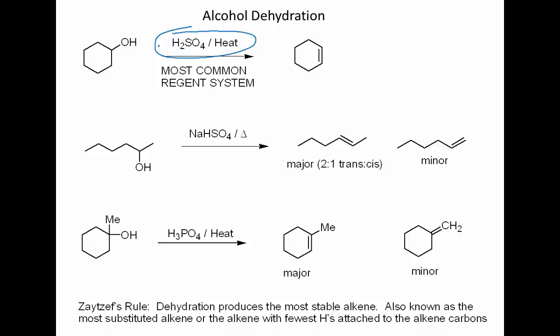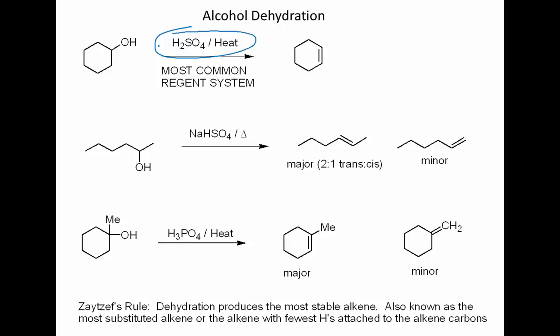Okay, so cyclohexanol reacts with sulfuric acid and heat to make cyclohexene. In this next equation here, we're using not sulfuric acid, but the conjugate base of sulfuric acid, which is still quite a strong acid. Right away here you see a little bit of a complication. We're making several products.